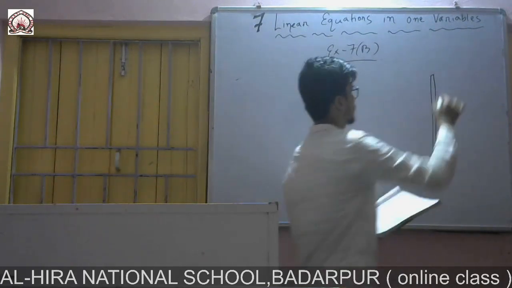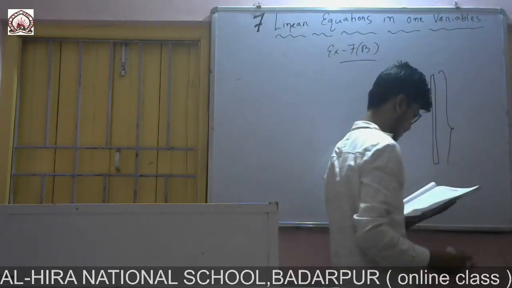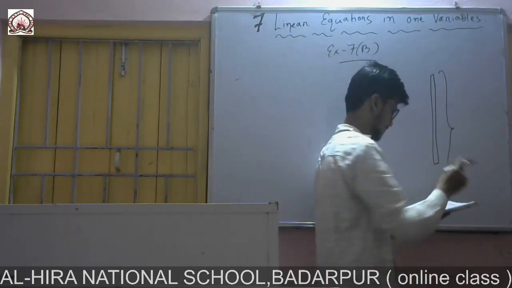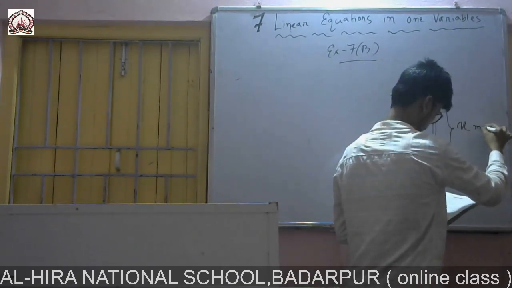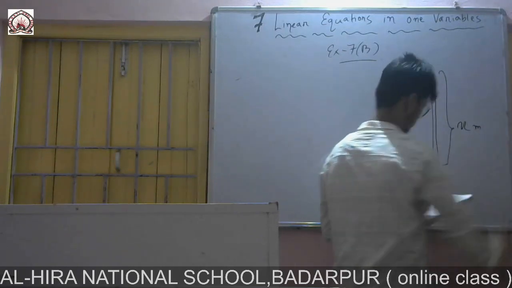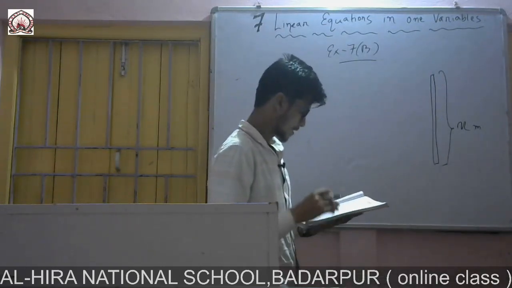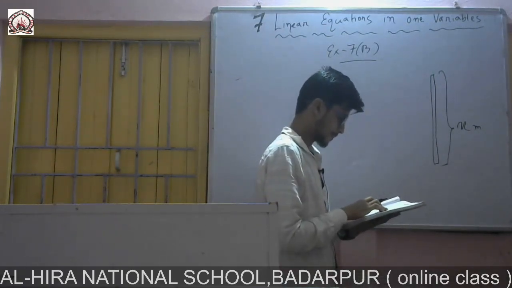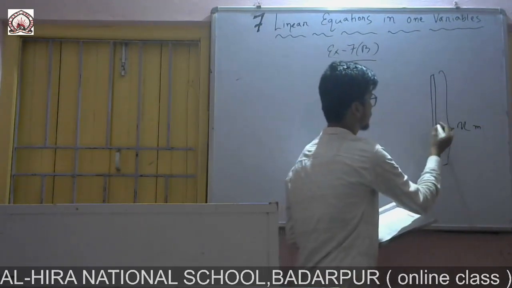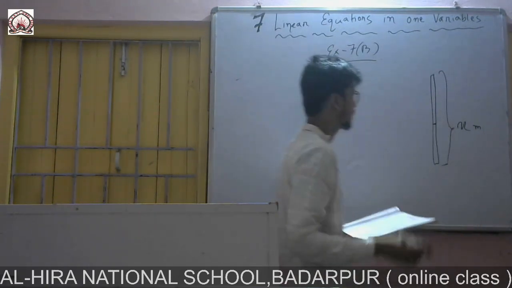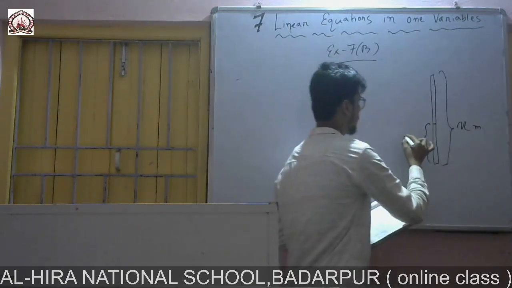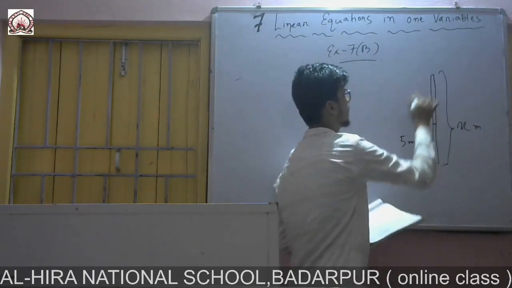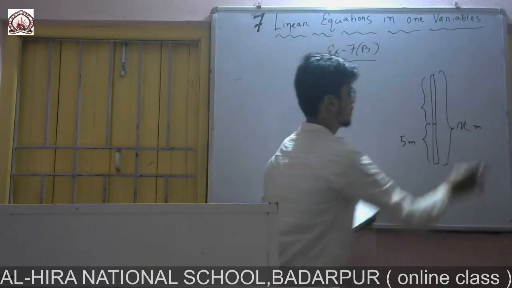The height is given as x meter. If it is broken somewhere here, and one part is given as 5 meter, what is the height of the other part?